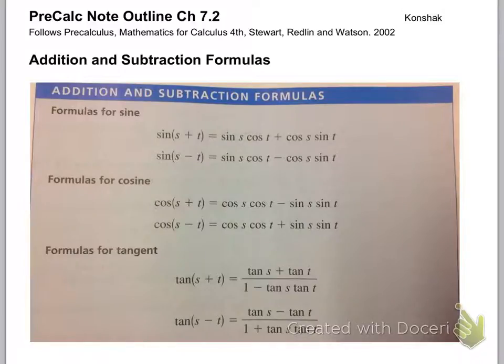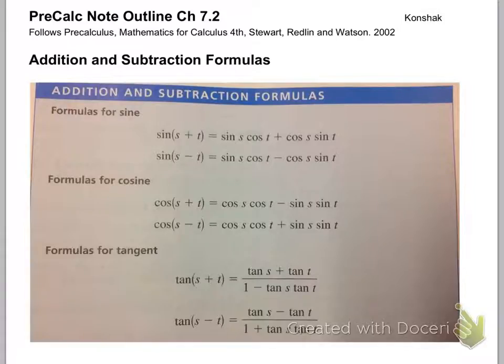Precalc 7.2, we're going to start this today. This one, guys, is the sum and the difference formulas for sine, cosine, and tangent. Notice that on sine and cosine, they're nice little formulas.